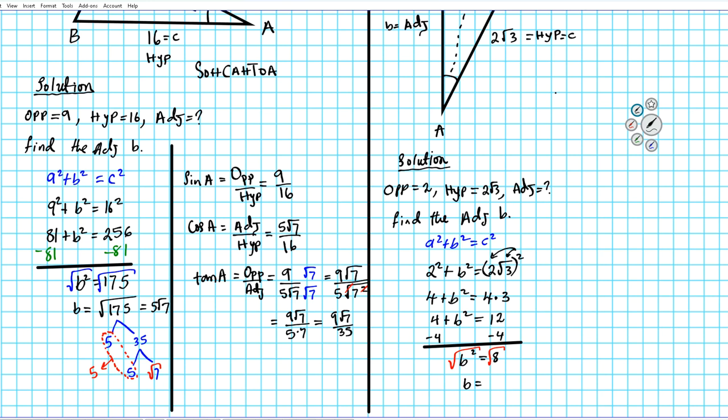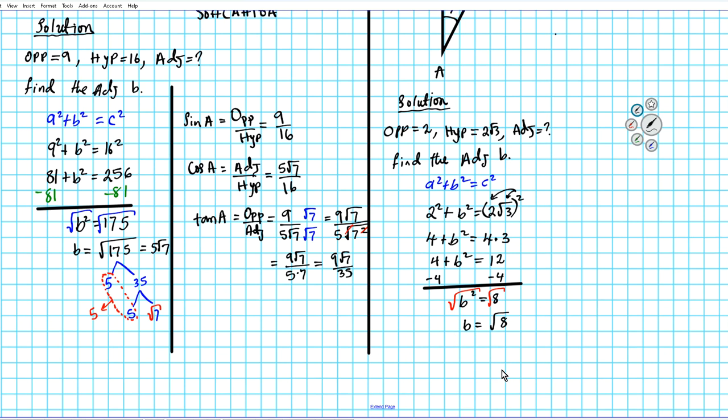Now, can we simplify root 8? Let's try it out. Are there any perfect squares as a factor of 8? So take out 2. 2 goes into 8 4 times. Take out another 2. 2 goes into 4 2 times.